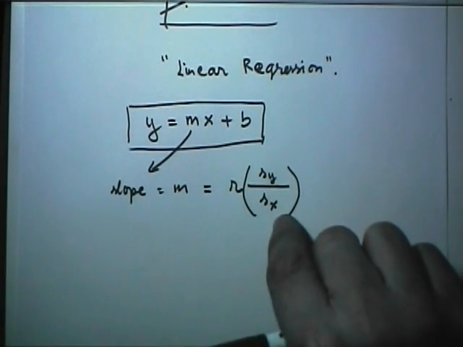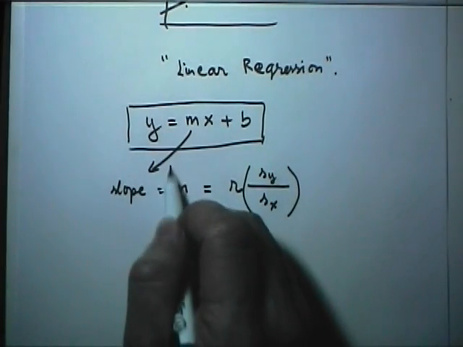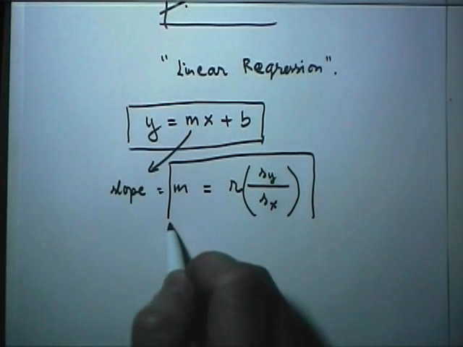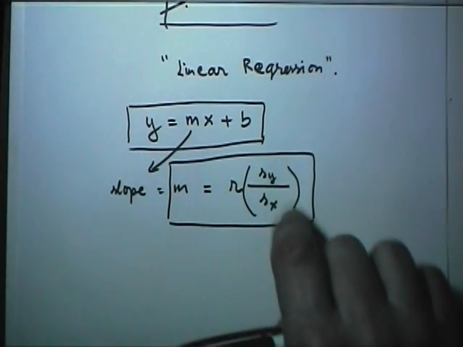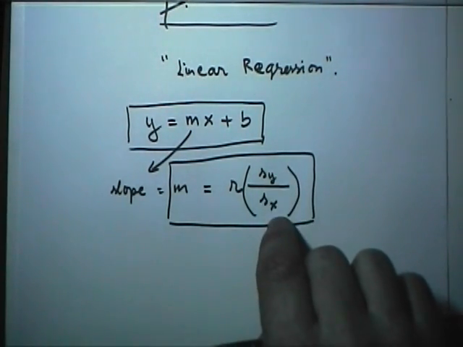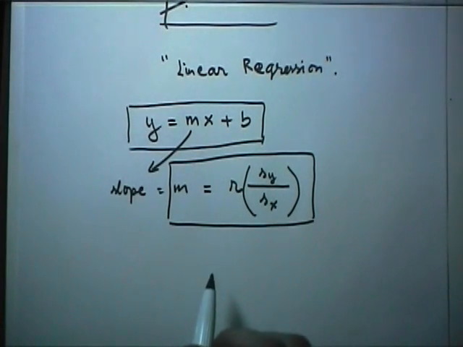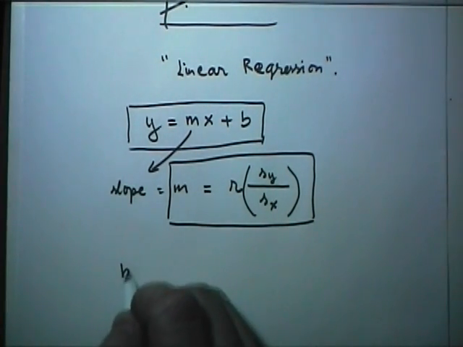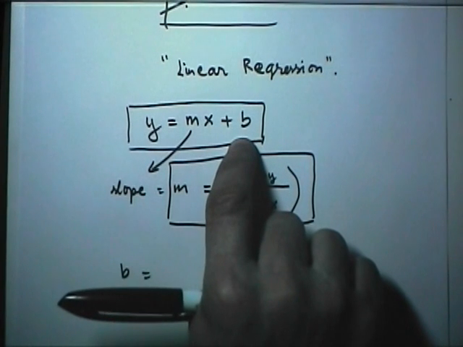These s of y and s of x are the standard deviations of the data y and the data x. Okay, so that's how you can find the m.